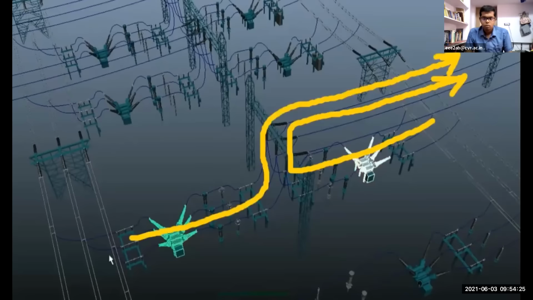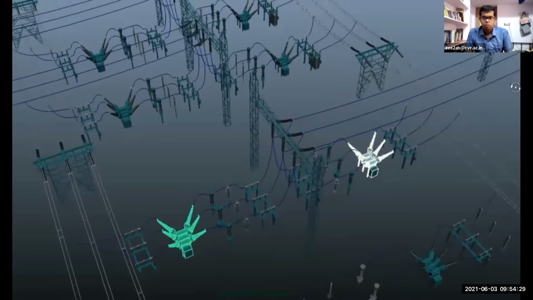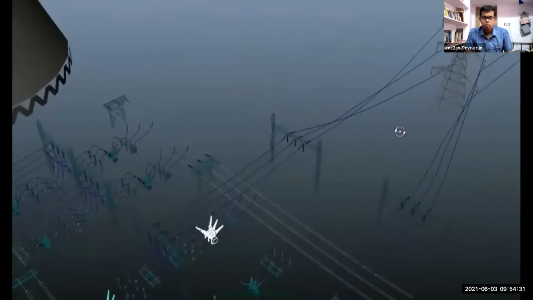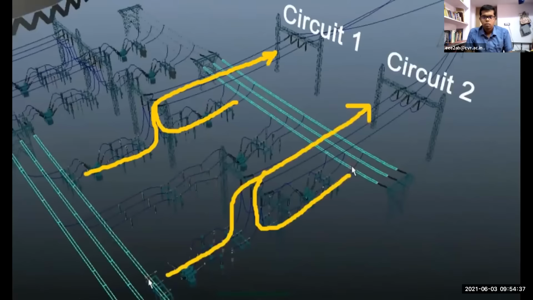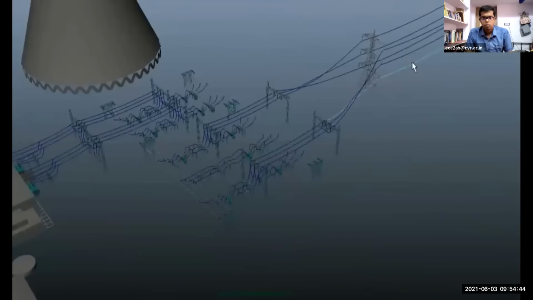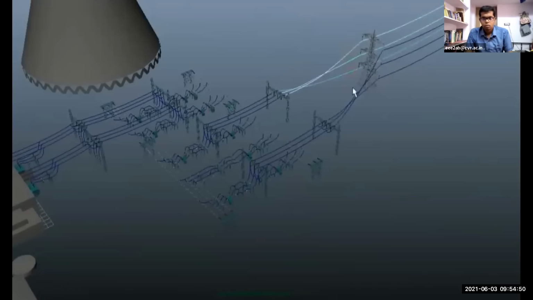If both the circuit breakers are on, then power will continue from both the paths into the transmission line for the next destination. This is the first circuit of the transmission line, and this is the second, for which we have the same arrangement. Here we have a 3-line conductor for the second circuit, and similarly a 3-line conductor for the first circuit.